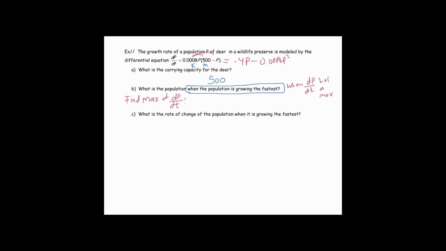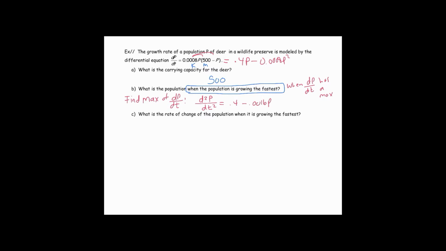That makes it easier to take its derivative, because its derivative would therefore be 0.4 minus 0.0016P.